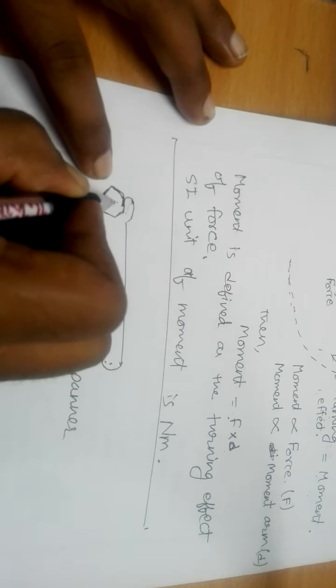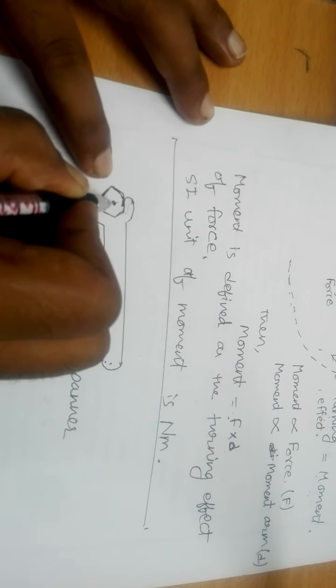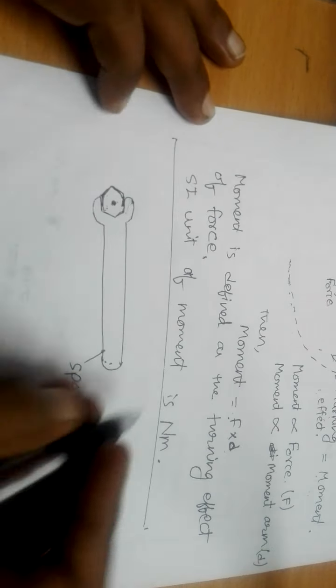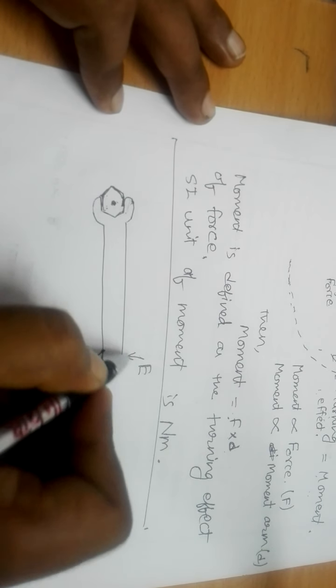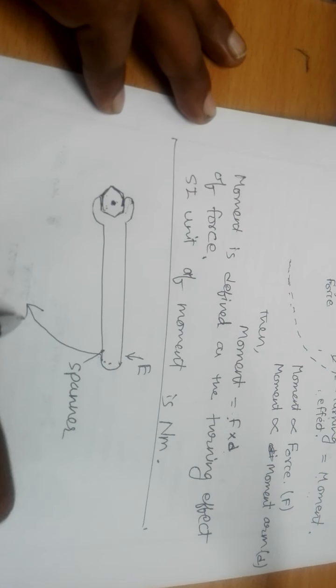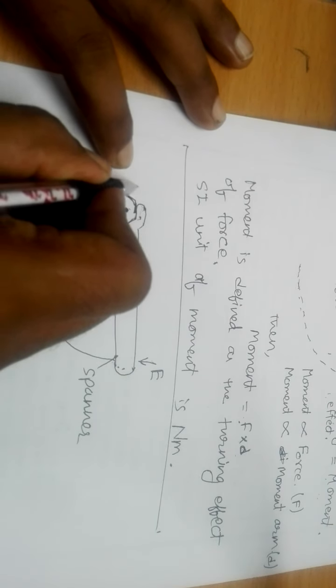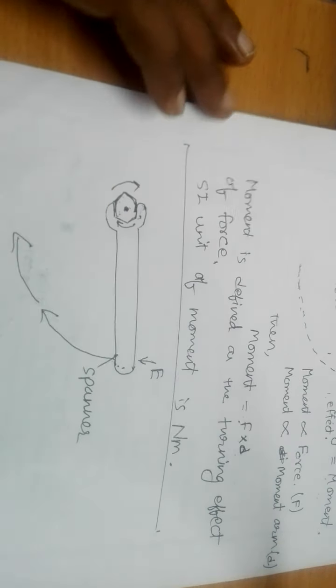Because the knot remains fixed over here at this point, this point acts as the fulcrum, and you apply force, the effort, at this point. Then when you apply force here, it produces rotatory motion. Yes, it produces a turning effect, and because of that the knot also rotates and gets opened.